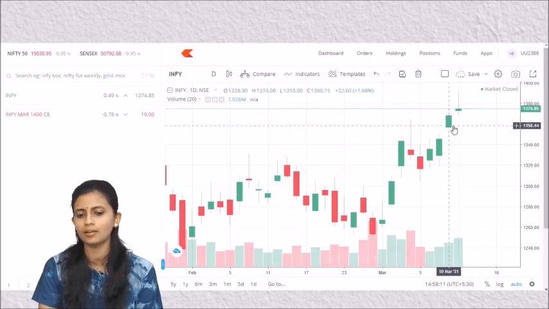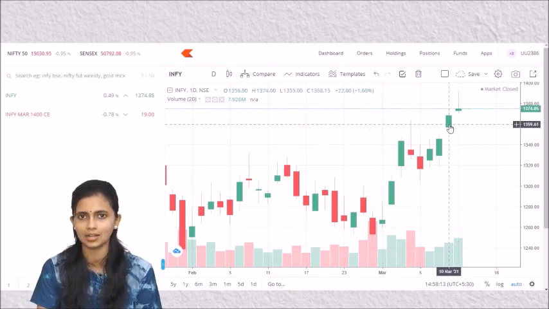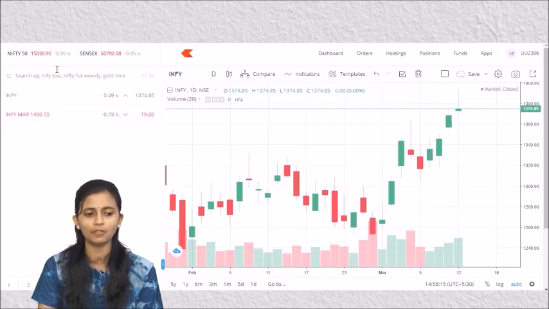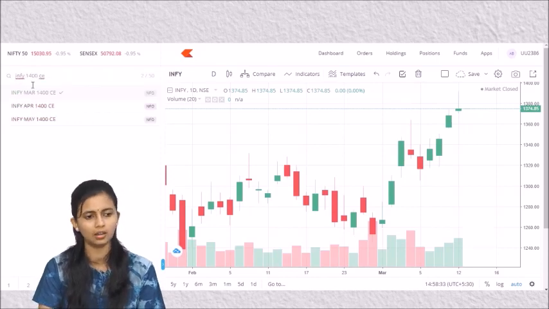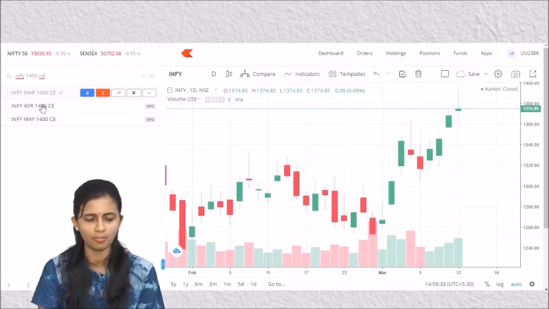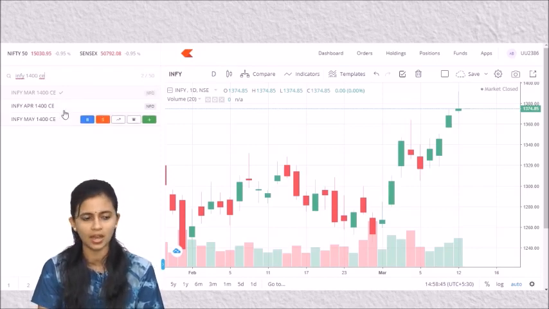That is around 100 points it has increased, right? Now if I want to buy a call, if I take the Infy 1400 call, you can observe 3 options will appear: one of March, one of April and one of May. As I already told, this is the current month, this is the mid month and this is the far month. So 3 options will be available for you.